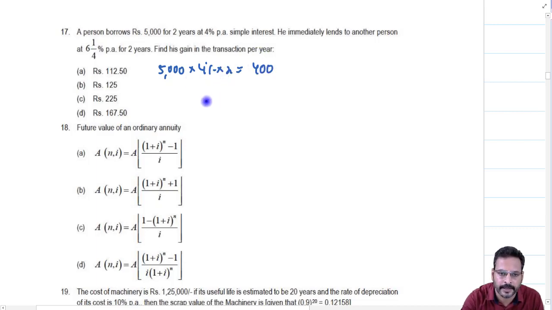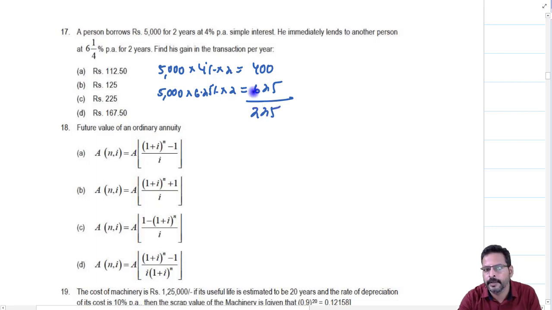He pays 400, but he gets 5,000 into 6.25 percentage into 2. It will give us 625. That means he gets an excess amount of 225 in 2 years.